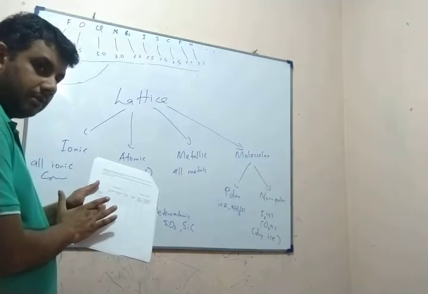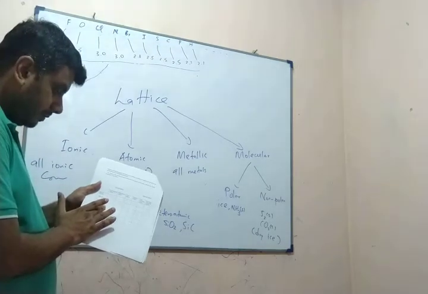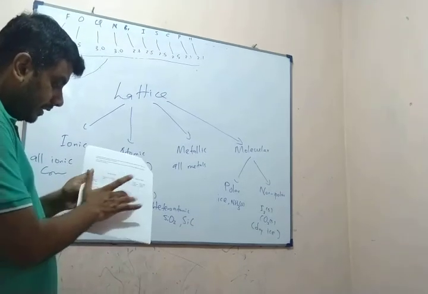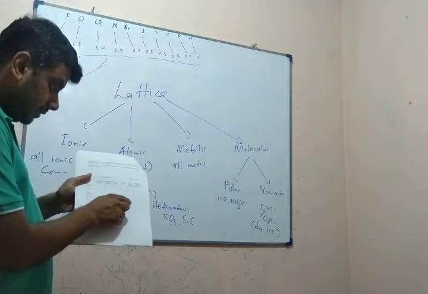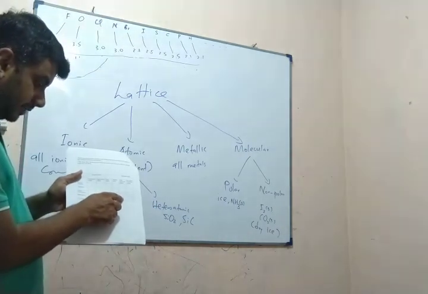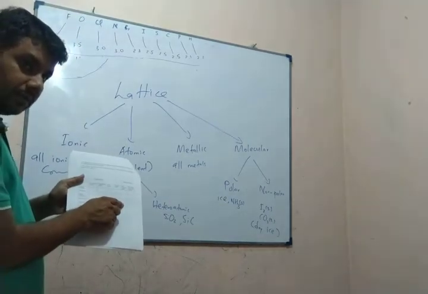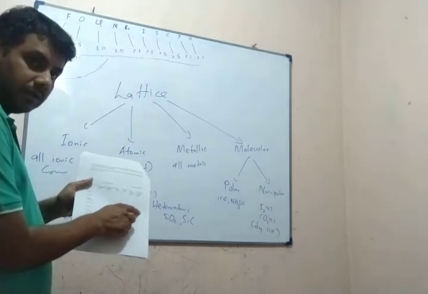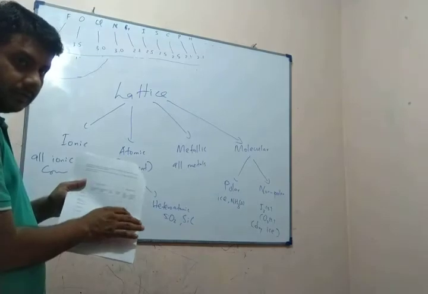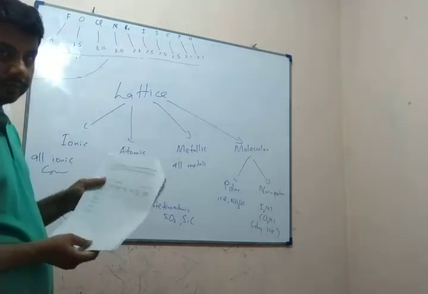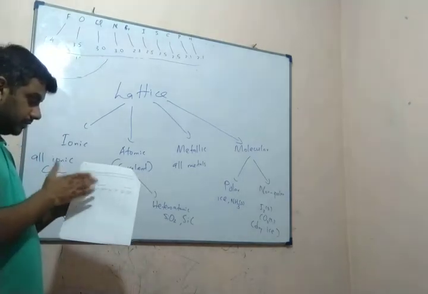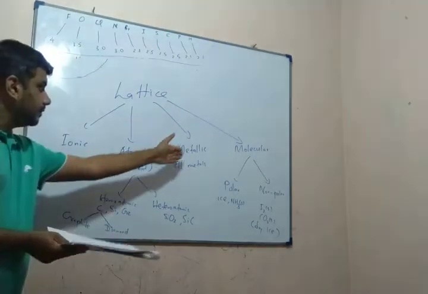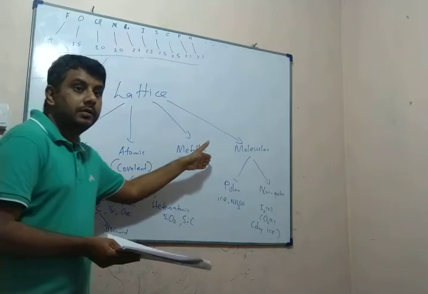Okay, melting point. High for the first four. Polar molecular lattice: melting point low. Non-polar: very low. Why?